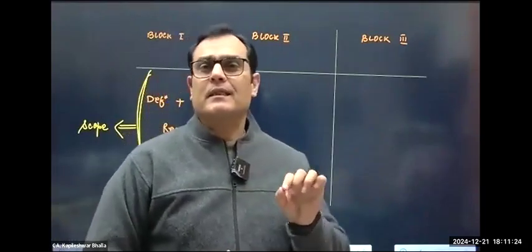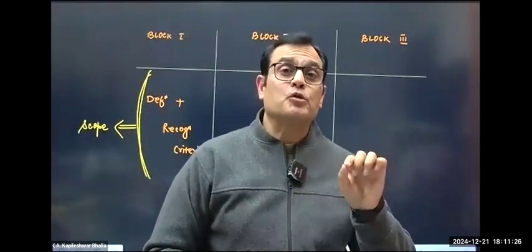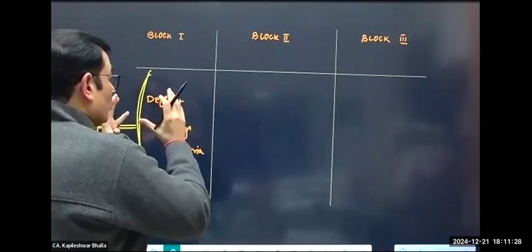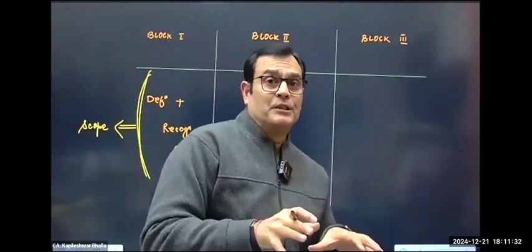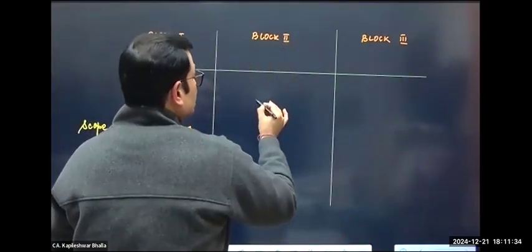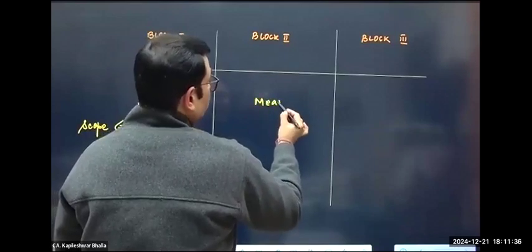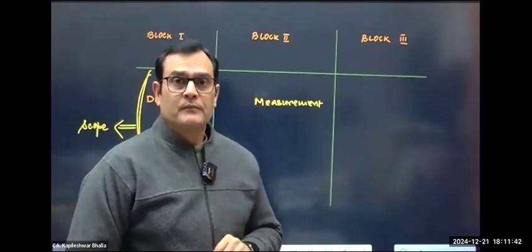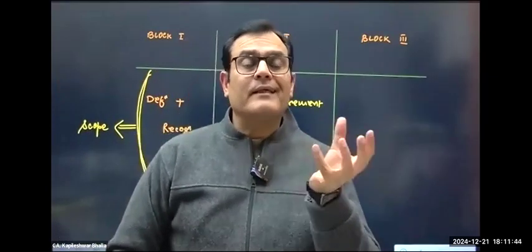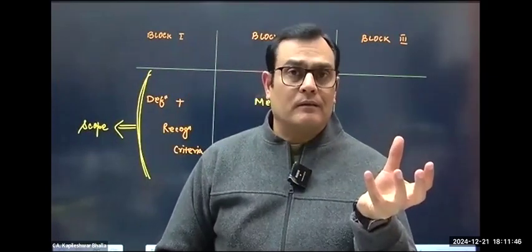Then comes the next area of discussion, and that is step number 2. Once you've decided that yes, it can be shown as an asset in the balance sheet of the company, the next focus area is the measurement. What is the value at which it will be shown in the balance sheet of the company? So the first step is, can it be shown as an asset or not?